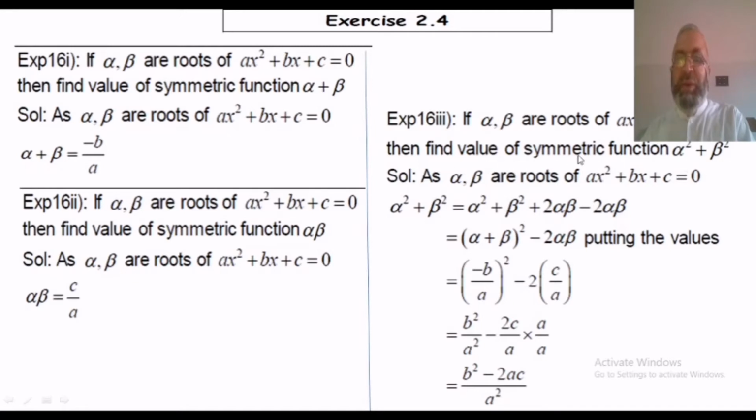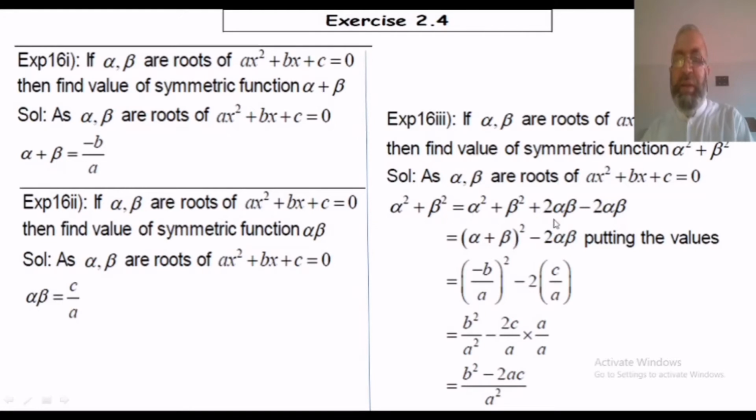Then find the value of the symmetric function alpha square plus beta square. For this we can write it and transform it into the form of sum and product, because we have two basic results, sum and product. How can we transform this into sum and product?